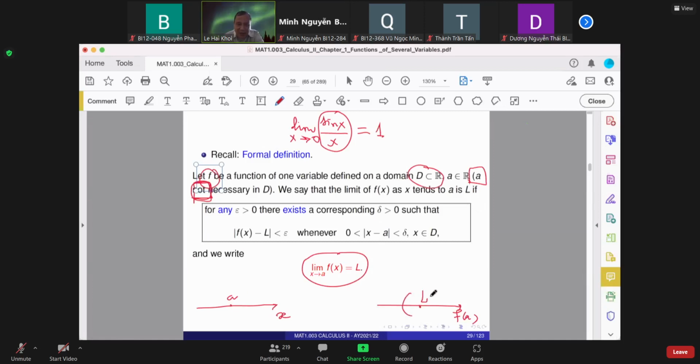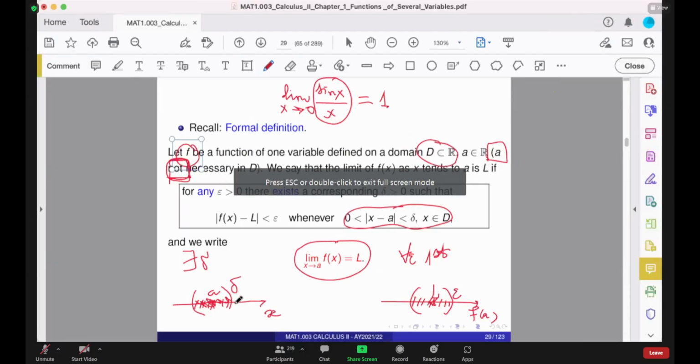First step, for any neighborhood with radius epsilon of L taken, you can find the corresponding delta neighborhood of A. For any epsilon positive, you can find delta positive such that any point here together with D, which means intersected with D, and maybe excluding point A, no need for point A, right?